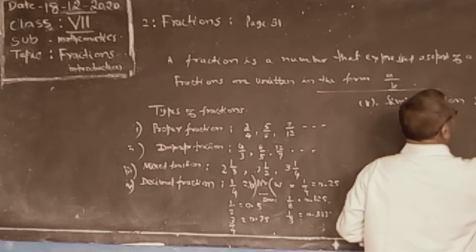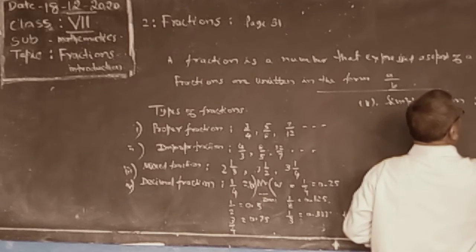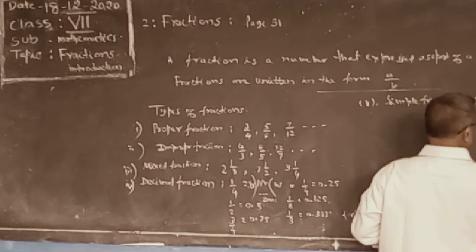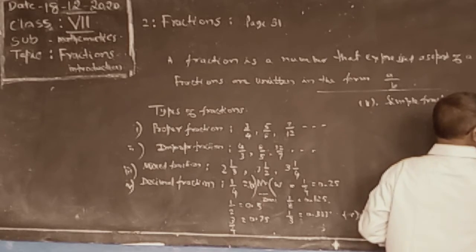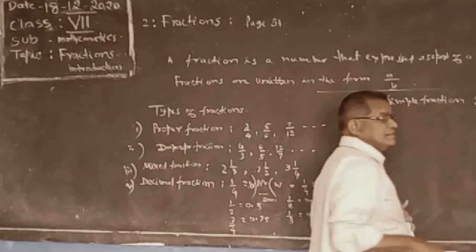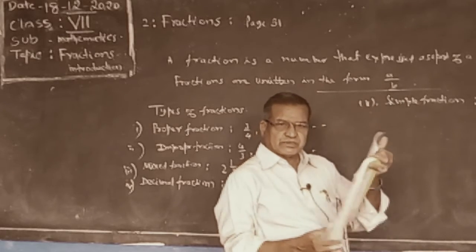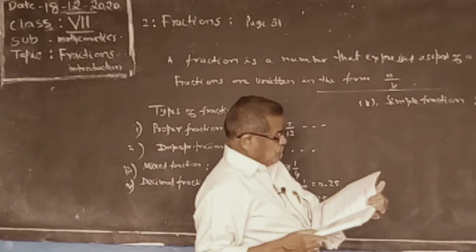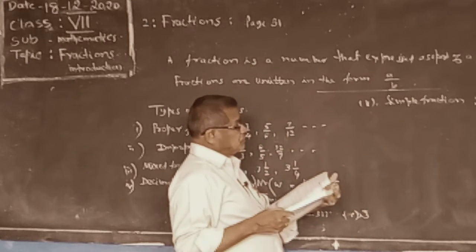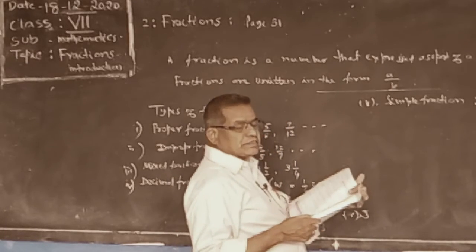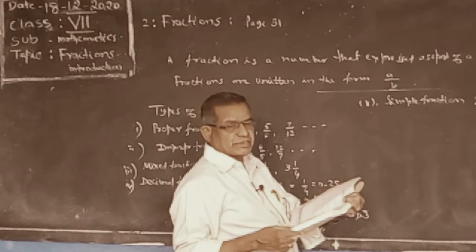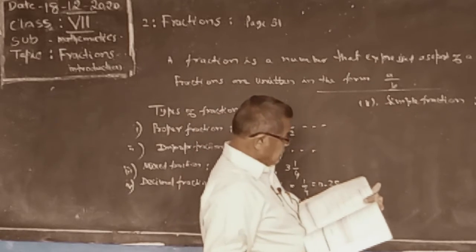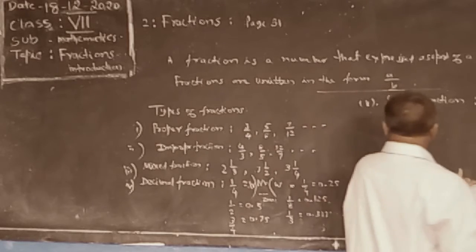A by B, A belongs to whole numbers and B also belongs to whole numbers. Example 5 by 7. 5 is a whole number, 7 is also a whole number. W stands for whole numbers, without decimals, without fractions.